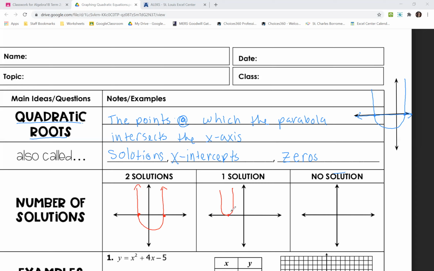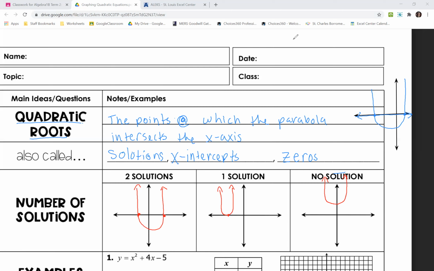There is one other situation where there could be no solutions. And what would that look like? Well, maybe you're making a U and it turns before it even gets down here to the x-axis. It never hits it. So you see that there's 3 different scenarios of solutions that you could come across.